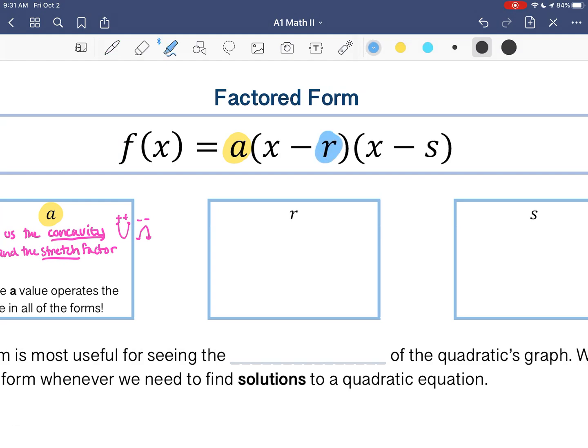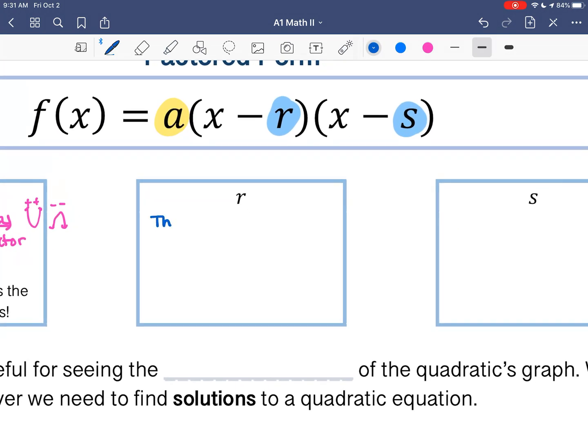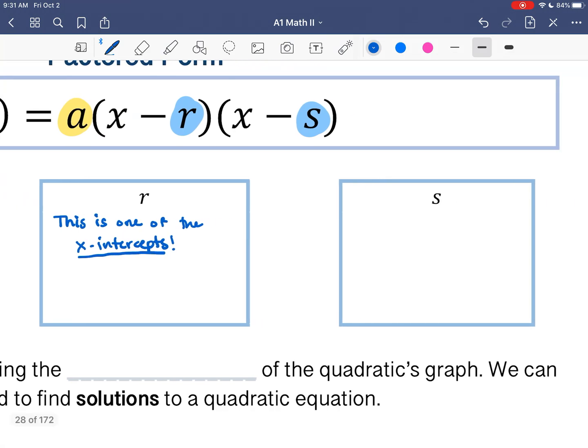And then we have R and S. R is one of the x-intercepts. And it turns out that S is the other x-intercept.